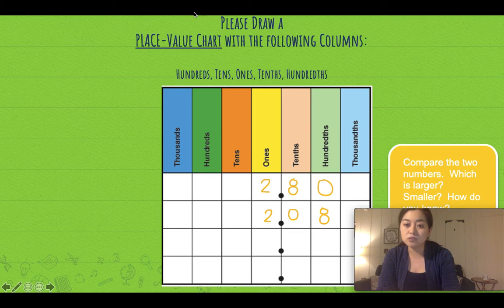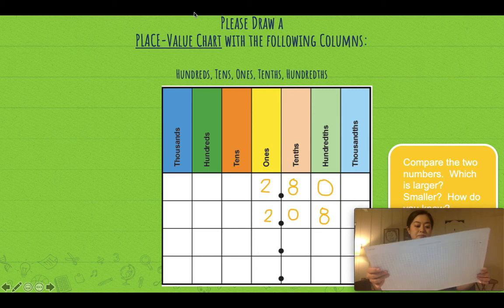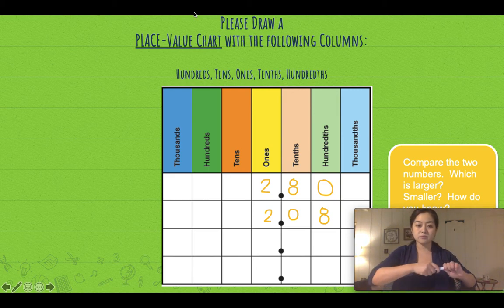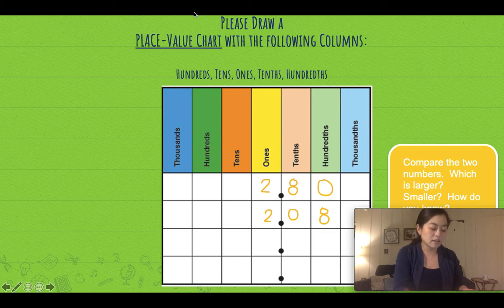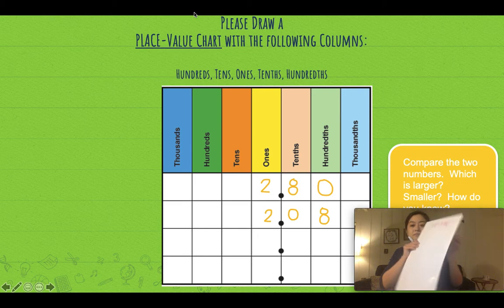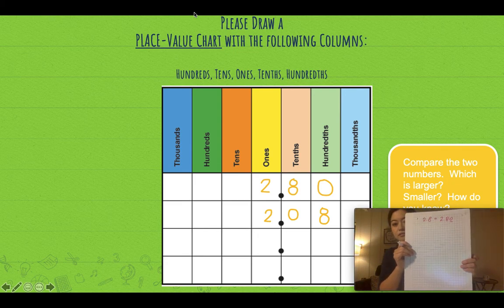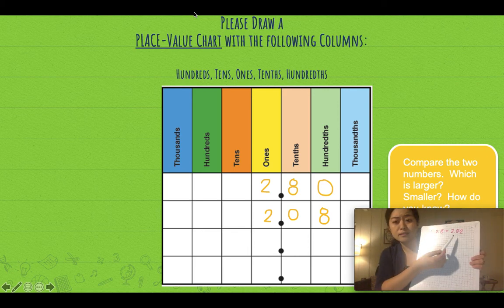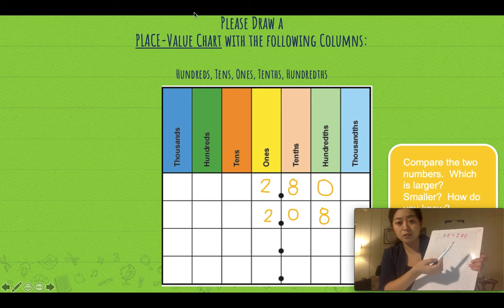So notice for 2.8, I wrote 2.8 as 2.80. This is what I wrote. This is the same. 2.8 and 2.80 is the same, okay?